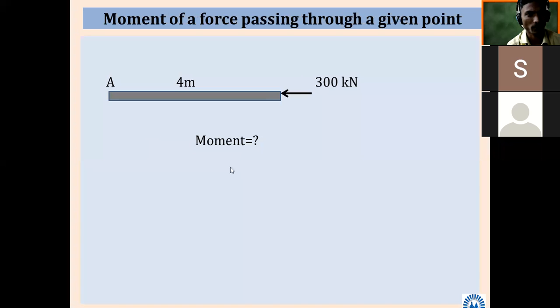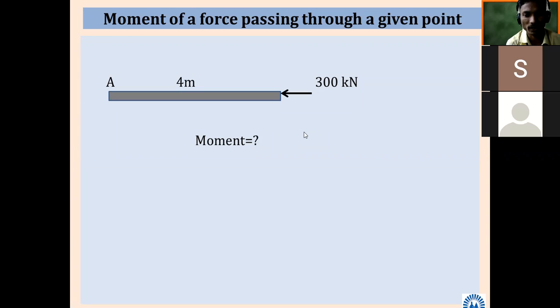One more thing we saw in yesterday's lecture, and I am repeating it: the moment of a force passing through a given point. This is most important. If a particular force is passing through that point, the moment is zero. It is as simple as this.